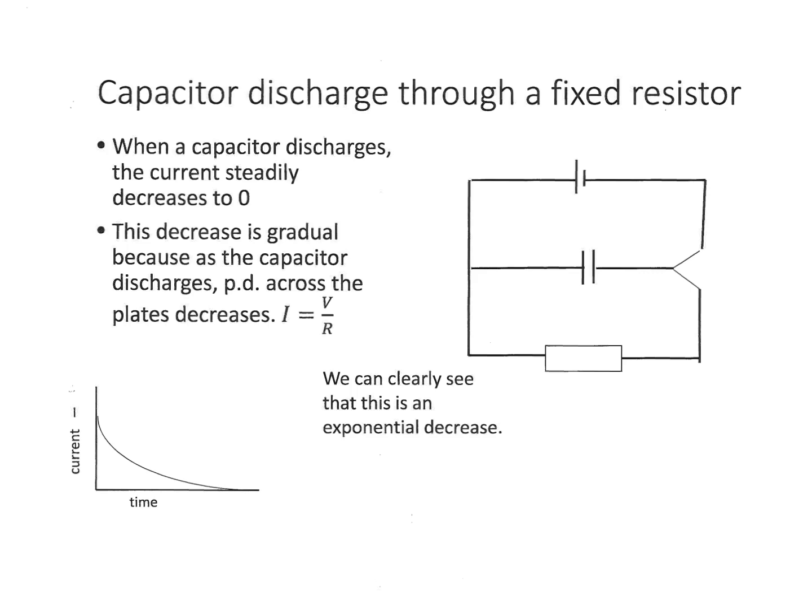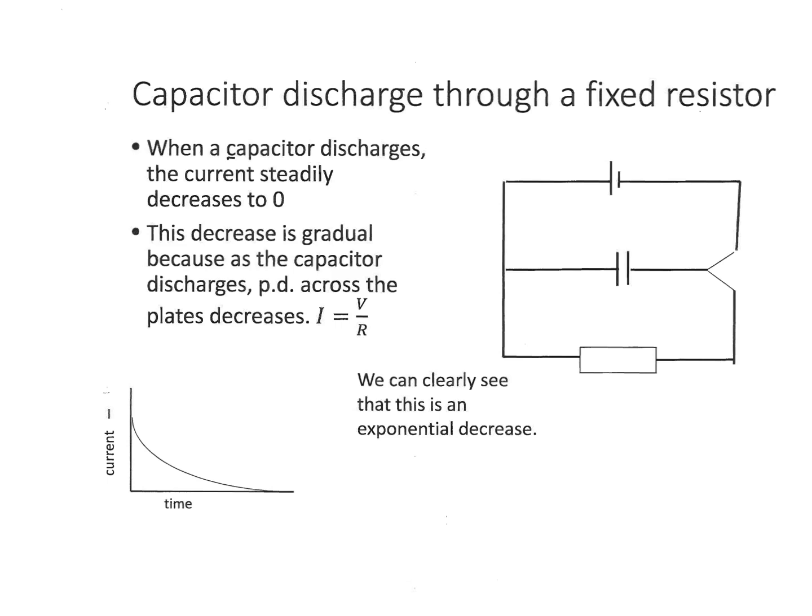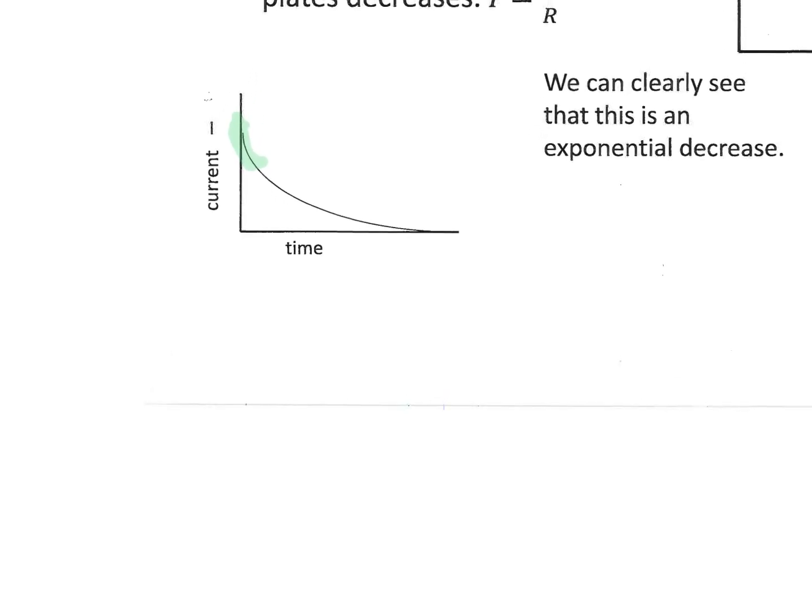When a capacitor discharges, bang, it's going to discharge somehow. The current does what? It's going to steadily decrease to zero. That's this picture right here. It's going to have a sudden discharge, guys. There's the graph.